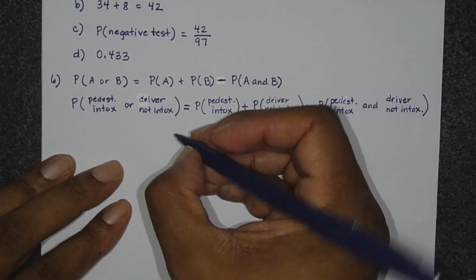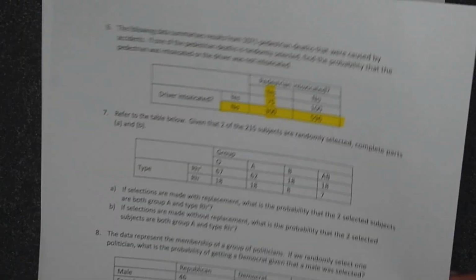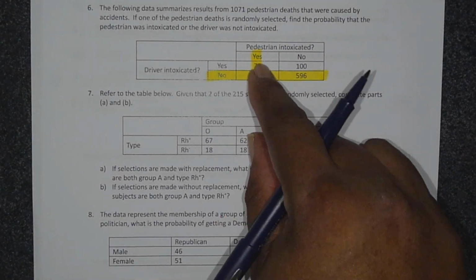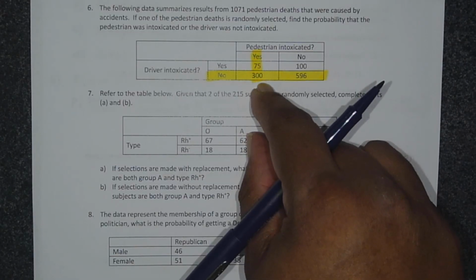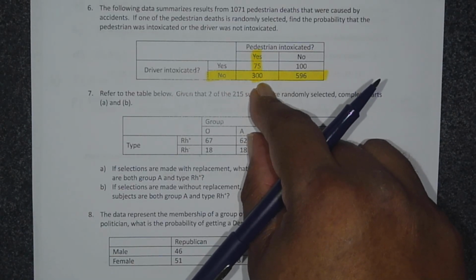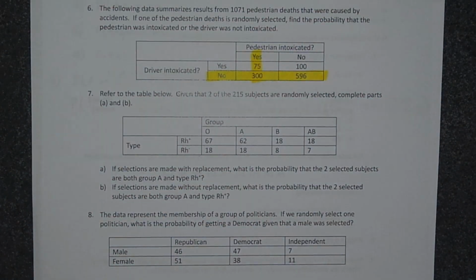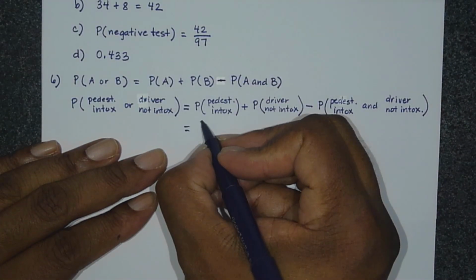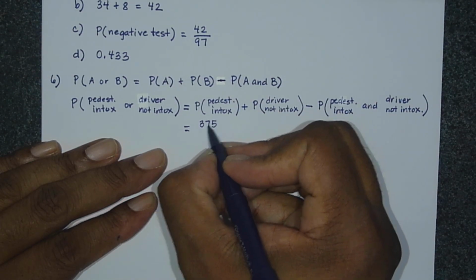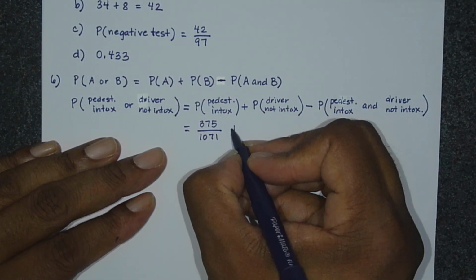So now, let's find out the probability that the pedestrian was intoxicated. That's this column right here. How many pedestrians were intoxicated? 375. You add 75 and 300 together, you'll get 375. And this is over 1,071, which was given to you.